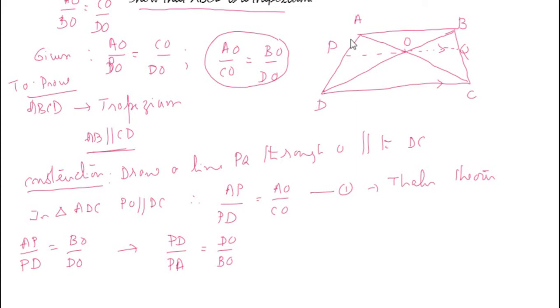Apply this in the triangle ADB. PD by PA equal to DO by OB. Therefore, OP is parallel to AB. This is by converse of Thales theorem.